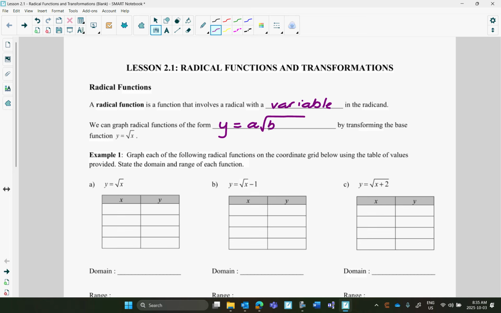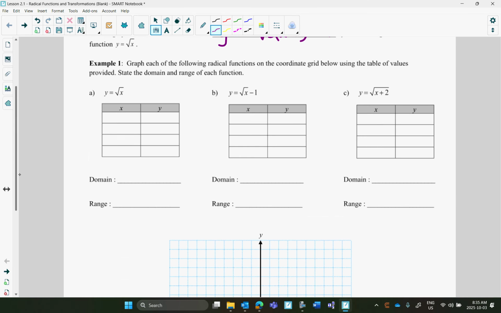And then inside we have b, which represents horizontal stretch and reflection. Horizontal shift, represented by h. And vertical shift at the end. And all the same rules apply. So as long as you know what the basic one looks like, you can graph the rest of these using your understanding of transformations. So here's what the basic one looks like.